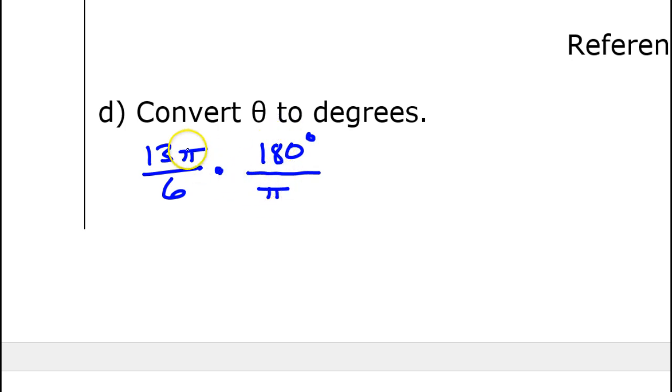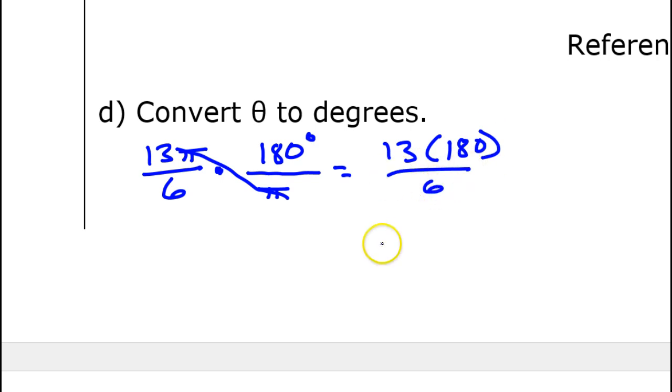But in this form, the pi's will cancel each other out. Alright, so now I have 13 times 180 over 6. So this is now degrees, because I canceled out the pi. I've got degrees. So I just need to simplify this down.